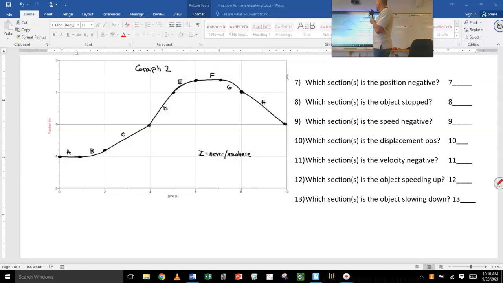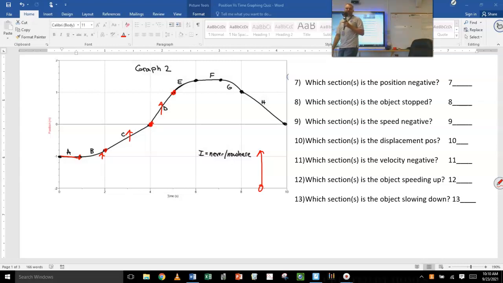Number 10, which section is the displacement positive? Where are you going from someplace and you're getting higher up? Your position is becoming more positive. At section A, you're not changing position, so it's not A. In B, you are getting more positive. In C, you're getting more positive. In D, when I say getting more positive, you're starting at some position, 0, and you're ending at another position, 1.